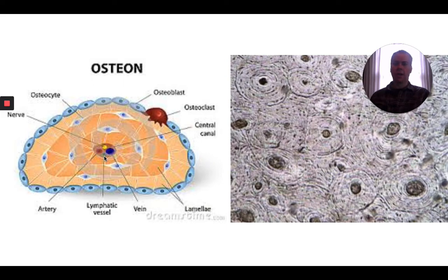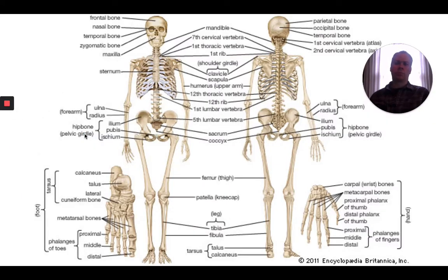So you still have those structures in bone. They go through these canals, which are in the middle of this harder bone tissue. New bone material is produced by these cells, these osteoblasts, and the bone grows from those cells. Here's a list of the bones of the body.